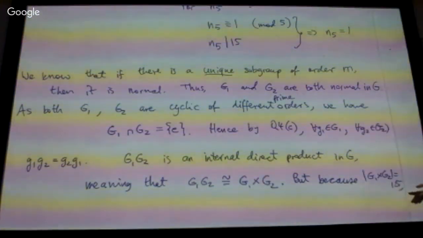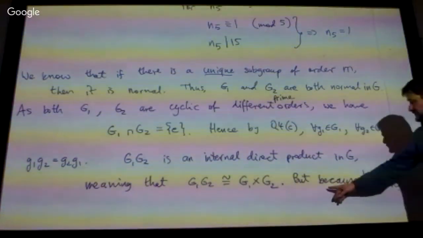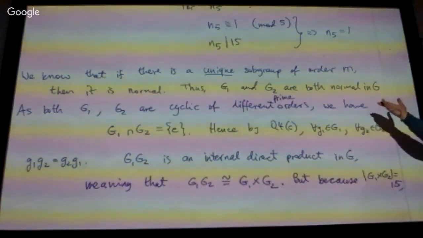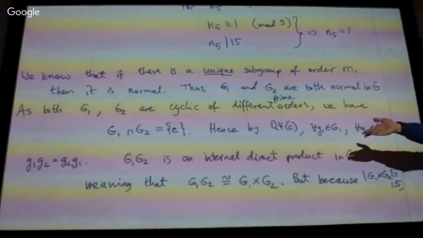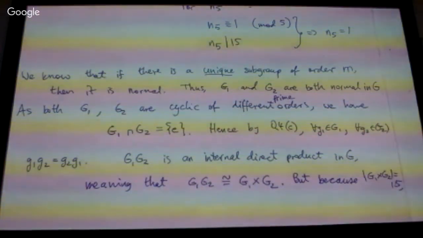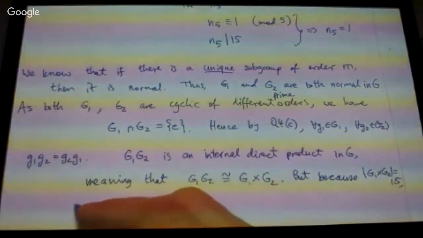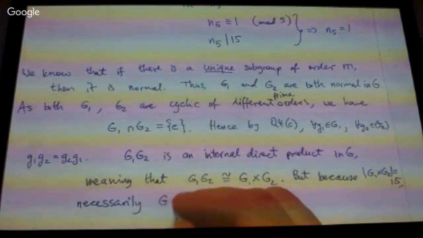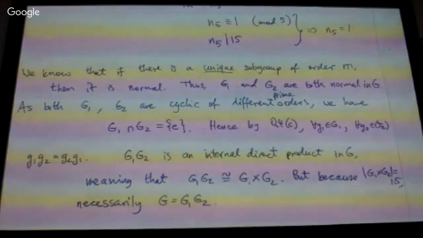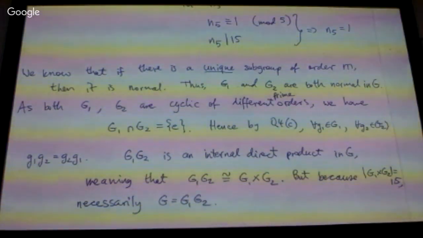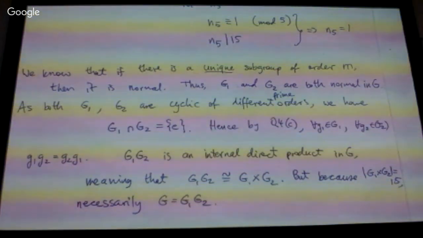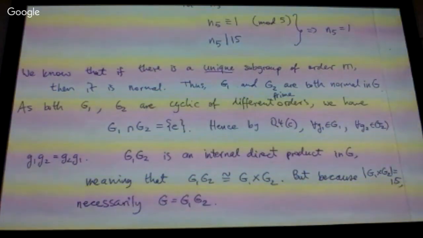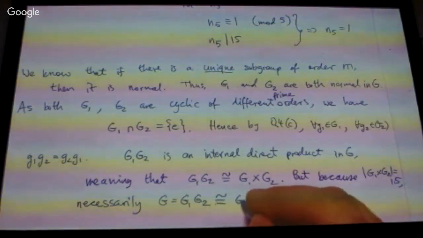The order of this subgroup is already 15, which is the order of the whole of G. That means that G1 G2 necessarily has to be everything. Necessarily G equals G1 G2. So G equals G1 G2, which is isomorphic to G1 cross G2.